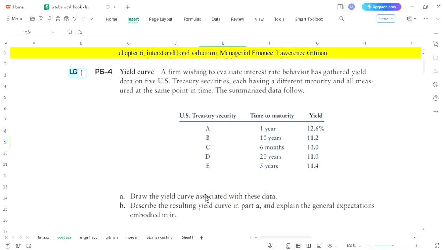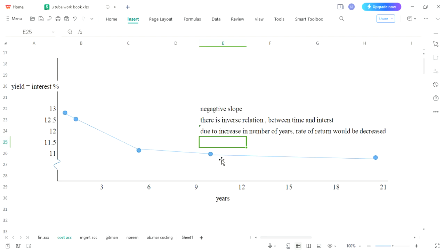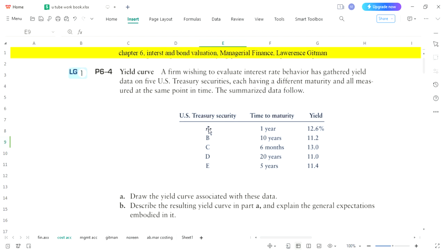We have made it, and then we were asked to describe it, and the description in 3 different ways we have already defined. You can take a screenshot and please save it for your future studies. 6.4 is completed, graph is completed, review is completed, and we have explained the description as well. For this particular question, we have made a principal relationship. As time would be increased, your rate of return would be dropped.